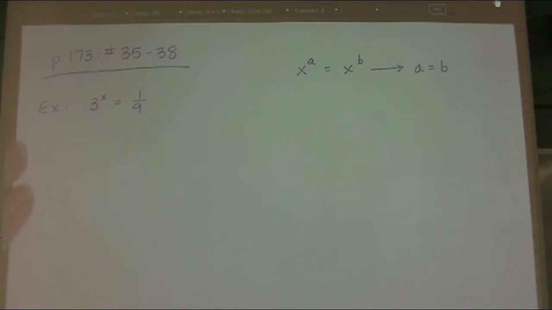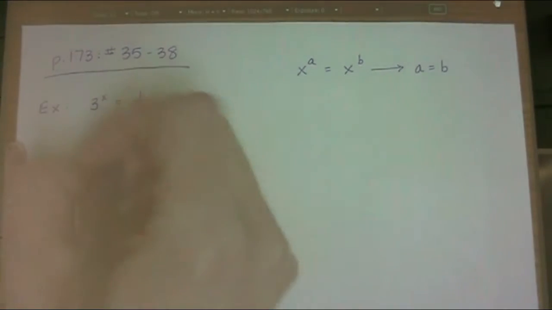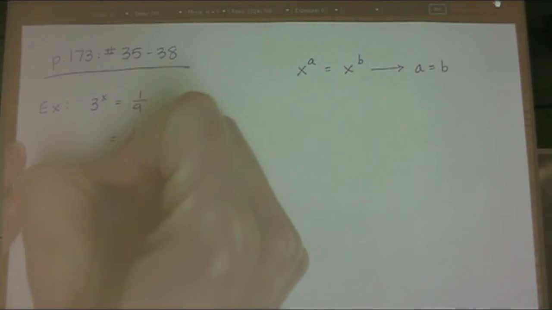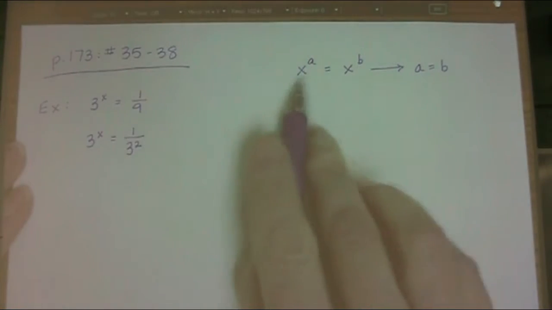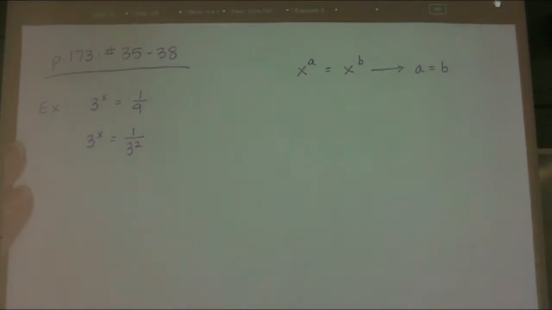So let me just give you a really simple one. I have 3 to the x power equals 1/9. All right, 1/9 equals 1 over 3 squared. Because my goal here is I want the same base on both sides of my equation. So I want a base of 3 on both sides. Now this is something that we're going to be learning in the future.